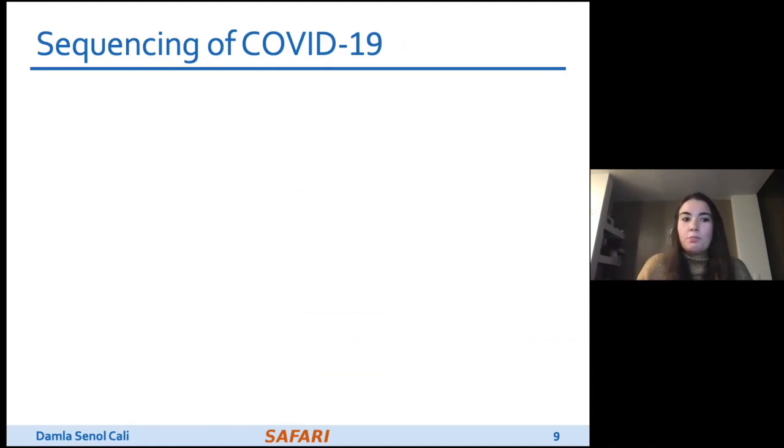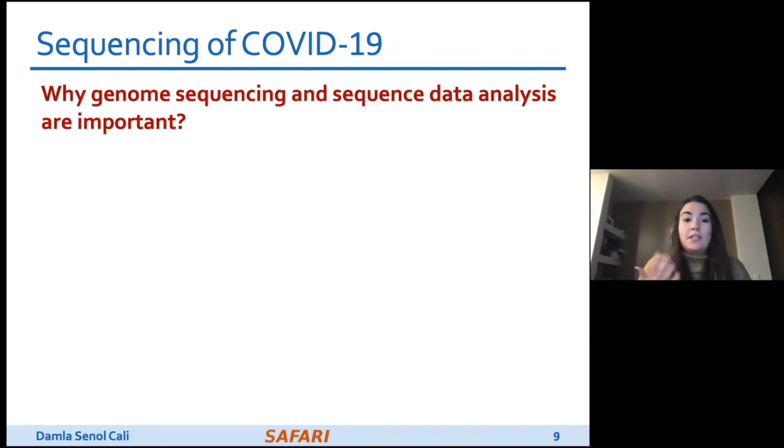So why is genome sequencing important? I will provide an example from this year, which is very relevant because the whole world is experiencing it right now, which is COVID-19. So why are genome sequencing and sequence data analysis important? After genome sequencing, we obtain data, but we need to analyze it.